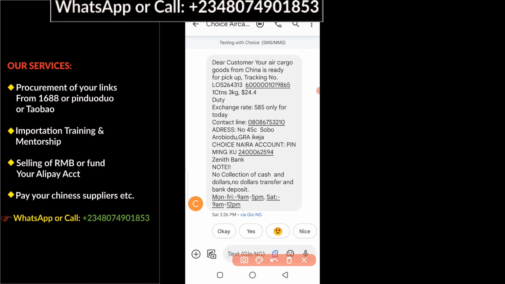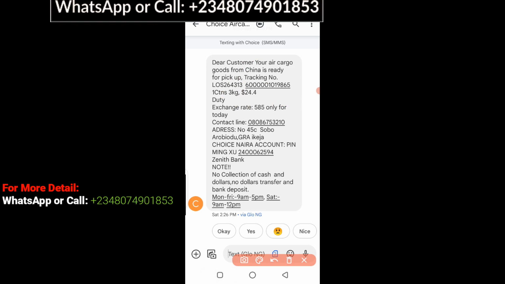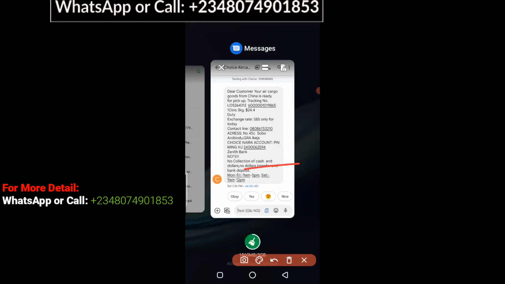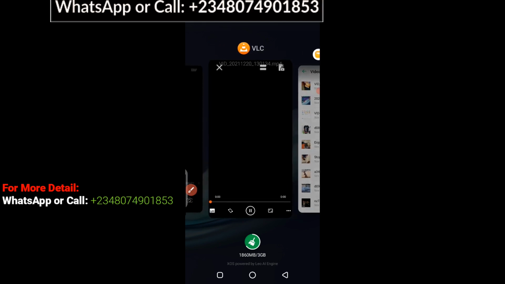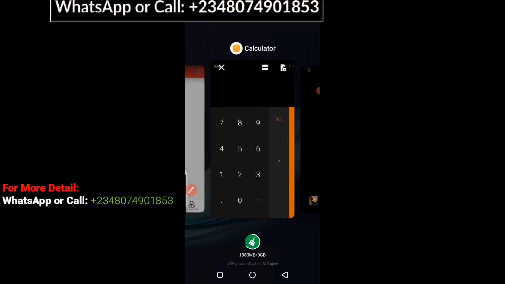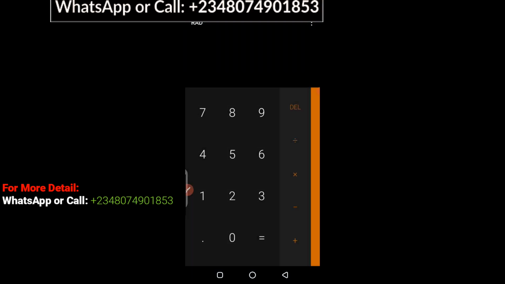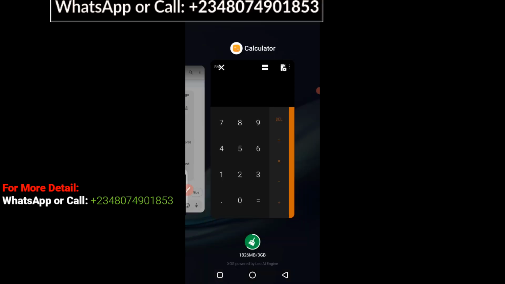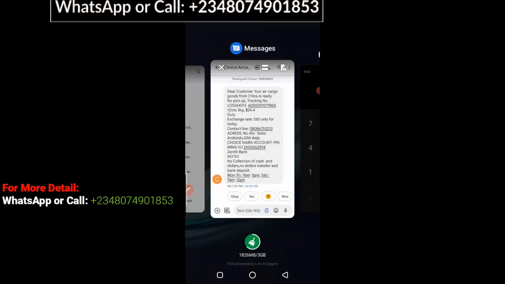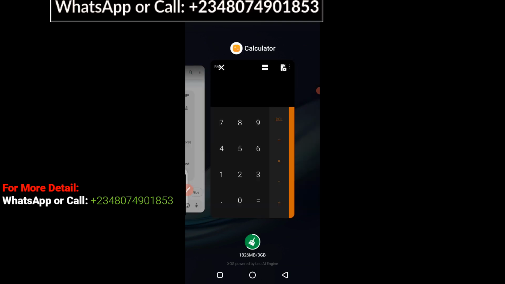Now let's see how the calculation went. So I will have to go to my calculator right now. The formula is rate multiplied by price. The rate at which this company charged me for dollar is 585 naira.